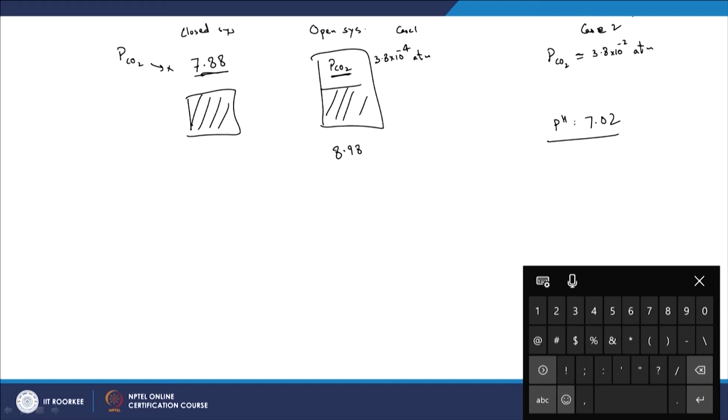So compared to this particular case, what is happening here? In case 1 we looked at 3.8 into 10 power minus 4, and we see that CO2 left the system, which is why the pH increased. But in case 2, when I increased the partial pressure of CO2 to a very high value, 100 times that given in case 1, I see that the pH fell. So what does that mean?